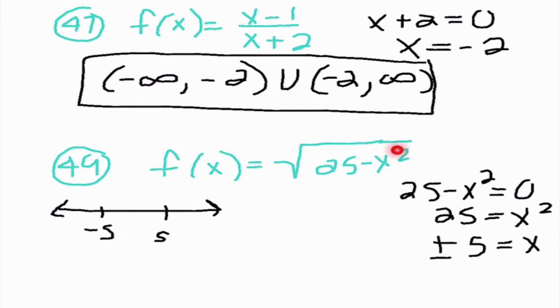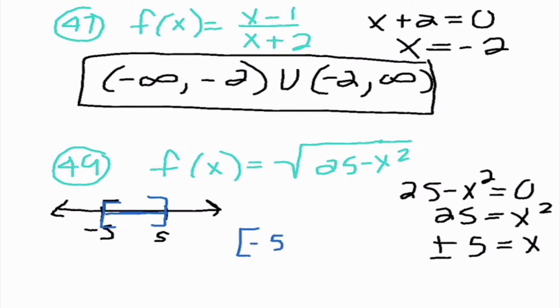So if I put 0 in here, I get 25 minus 0 squared. That works. If I try a number that's either less than negative 5 or greater than 5, for example, negative 6, I get a negative number inside, which is not okay. So that tells me that all of our answers are between negative 5 and 5.